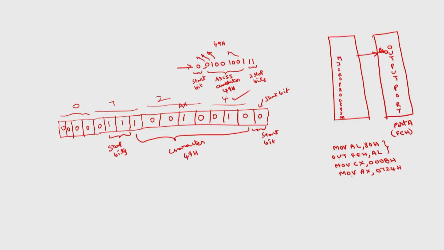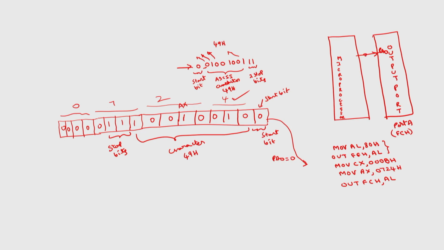Each time I will shift this. So, OUT FCH comma AL. What happens is this 0 will be outputted on PA0.